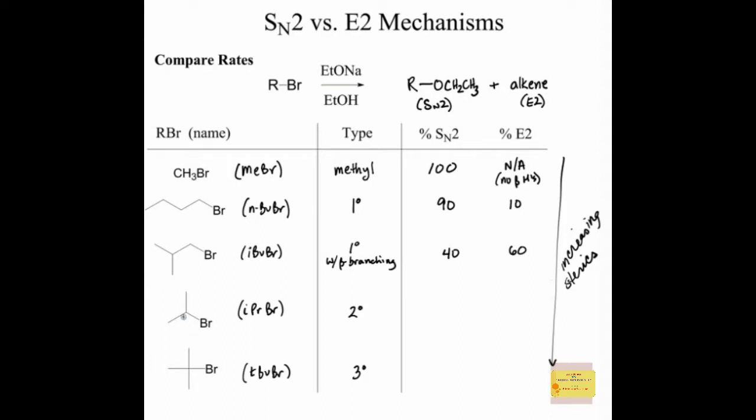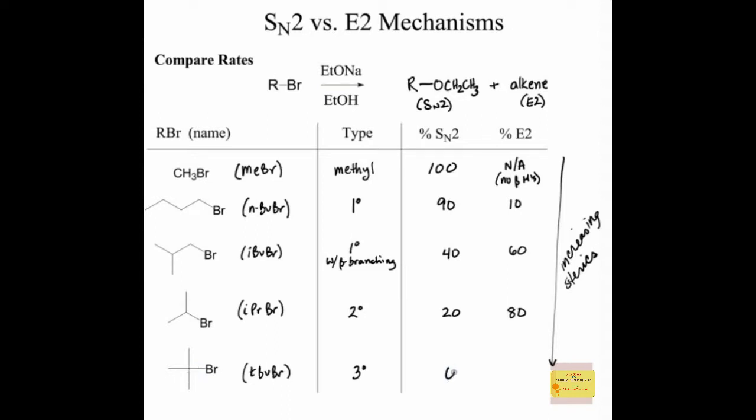And in fact, if we go to a secondary carbon, then it is favored in the opposite direction even more so, where E2 is the major product by far, 4-1. Now we're really shifting. And how about tertiary? What do you think about the tertiary SN2 reaction? Does that look like a good reaction? No, we know there's way too much steric hindrance here.